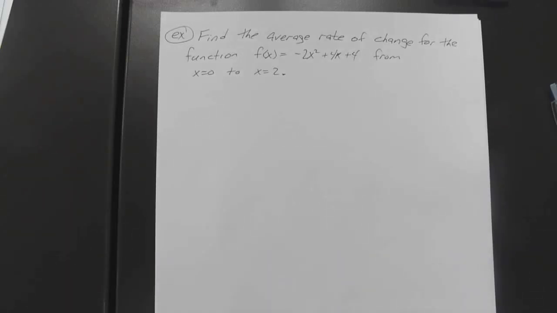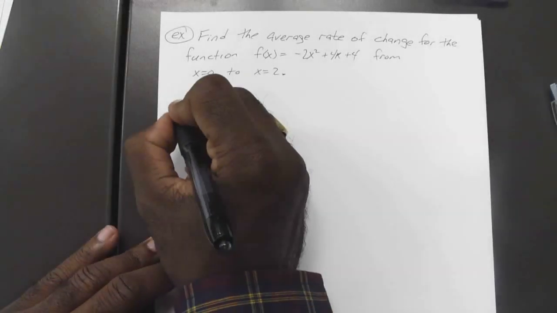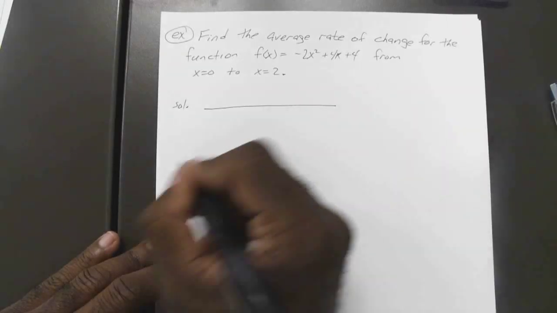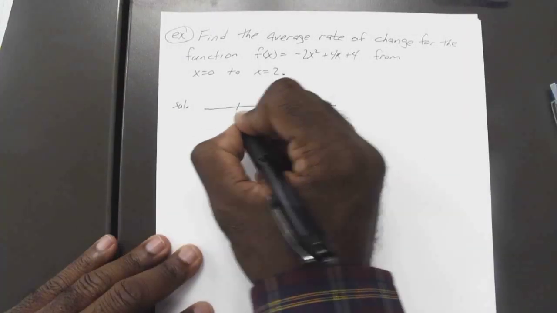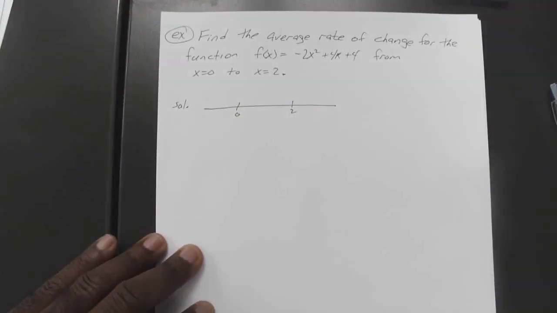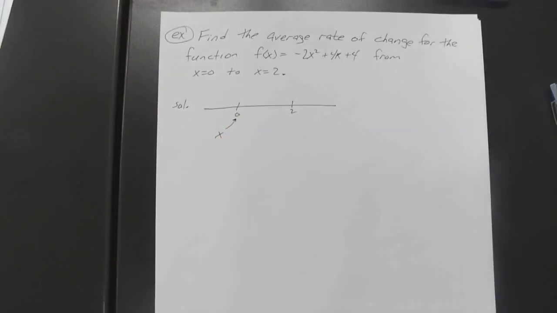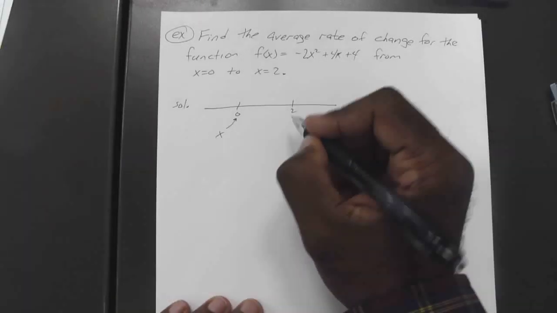Okay. So average rate of change just means the exact same thing as the slope of the secant line. So you use the exact same formula. Okay, so you have from 0 to 2. So that means this is your x, or some may call it your a, and then the 2 would be your a plus h, or in this case, just stay with x plus h.